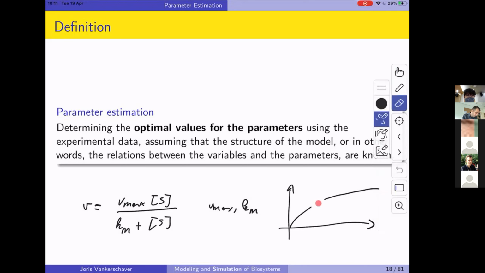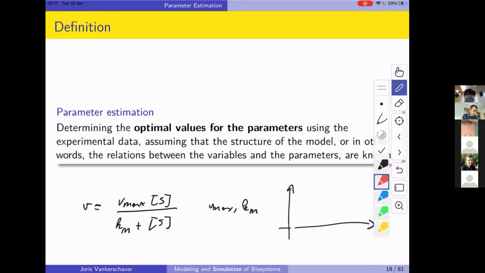So if we ignore that for a second, and if we do measurements, so we put our concentration of substrate on the x-axis, and then we do a number of experiments where we change the concentration of the substrate little by little, and we measure the reaction rate, we may get some data points that look like this, and so on.